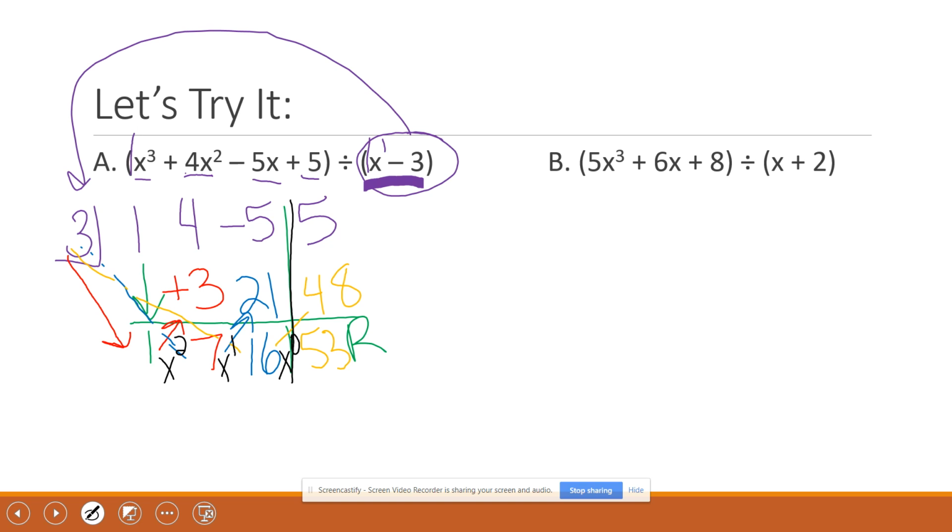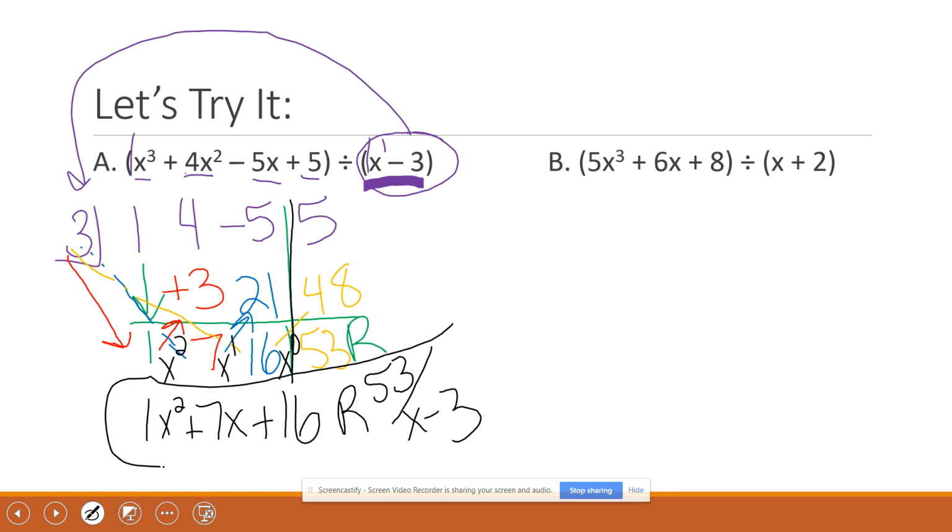So that means our answer is 1x squared plus 7x, because that's a positive 7, plus 16. Now x to the 0, that means there's 0 x's there. We just put that in as a filler as we started working our way down. And then remainder, 53 over x minus 3.